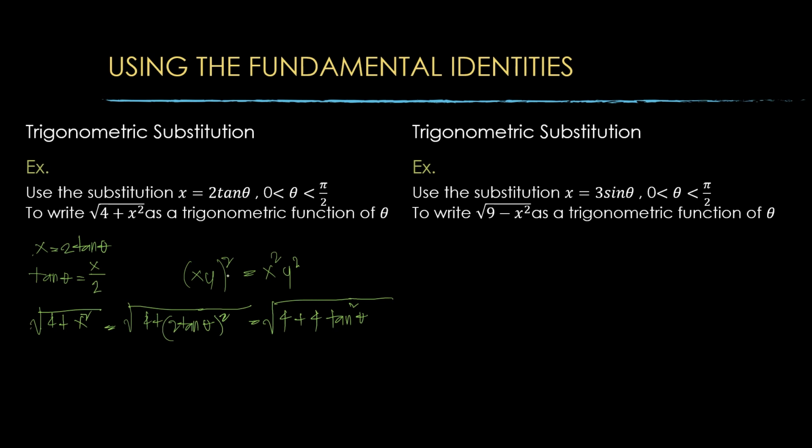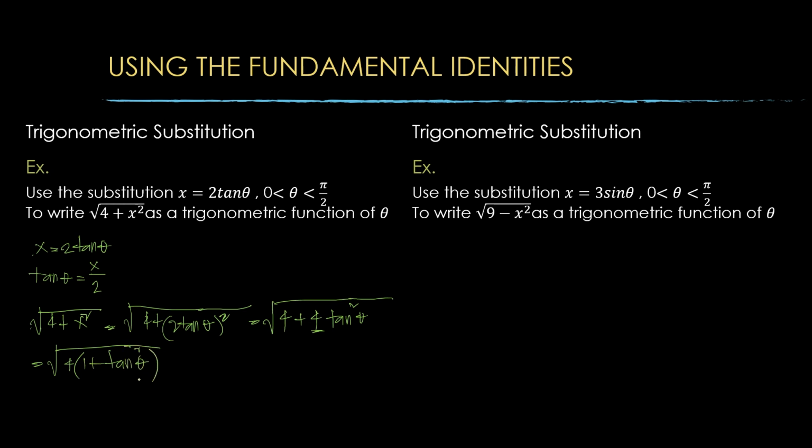What is 2 squared? That is 4. What is the tangent of theta squared? The tangent of theta squared. That's what happens. And factoring out 4, I have the square root of 4 times 1 plus tangent of theta squared.